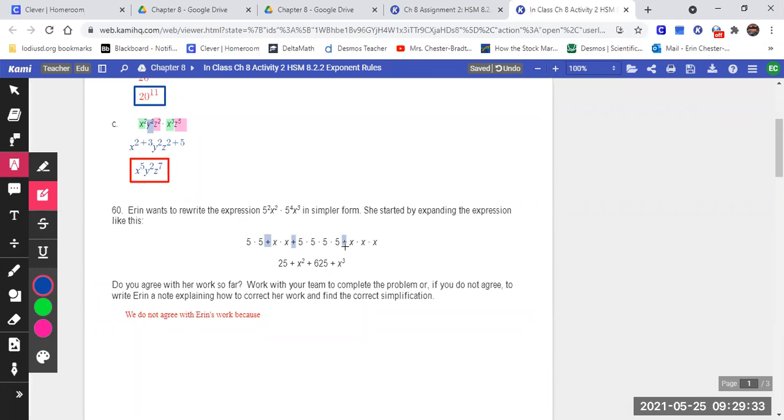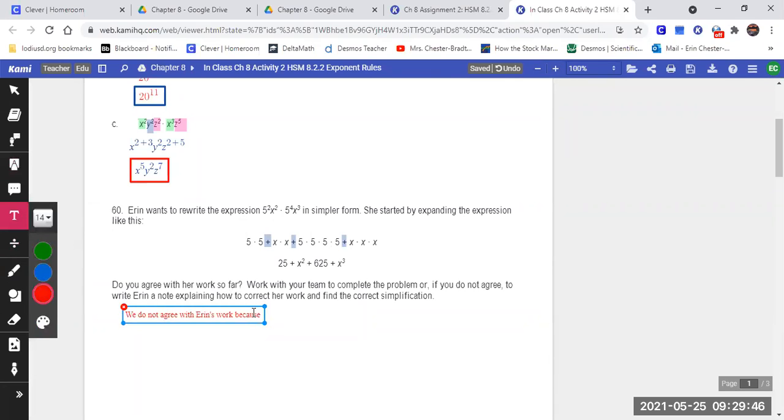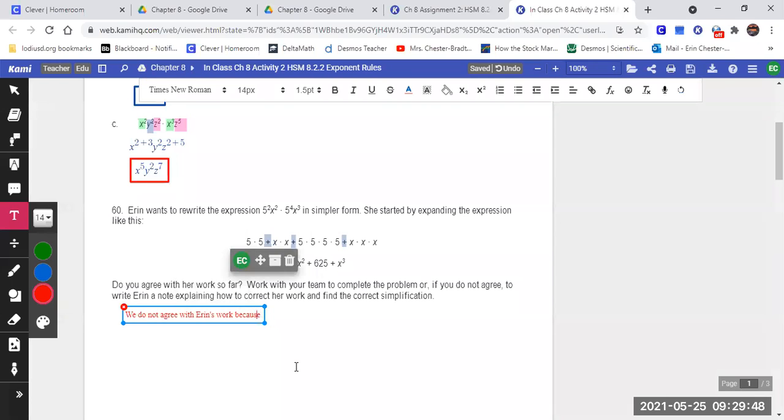Should we be using addition in our expansion form? No. So we do not agree with Erin's work because, someone tell me why. What can we say to her? What can we tell her she did wrong?